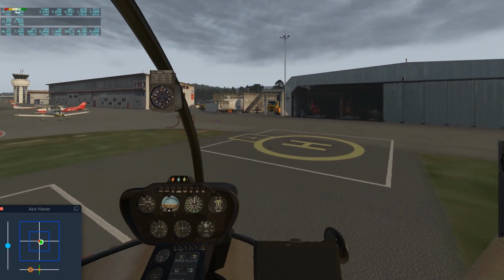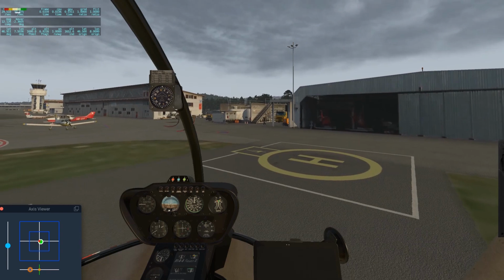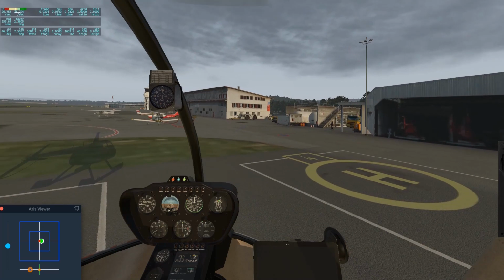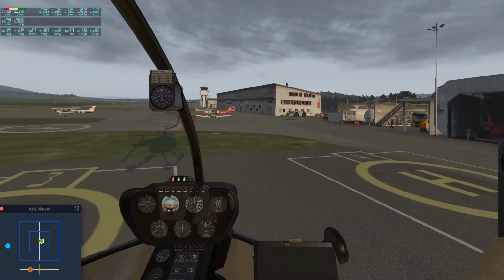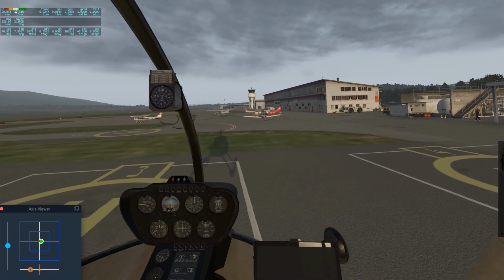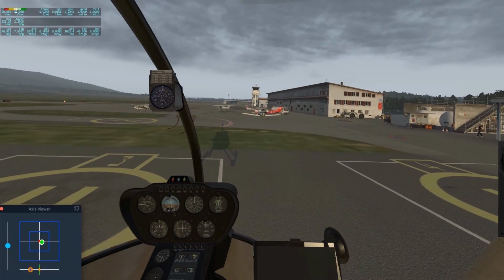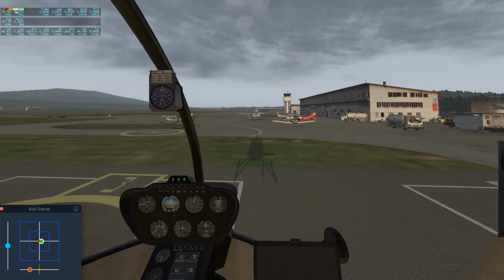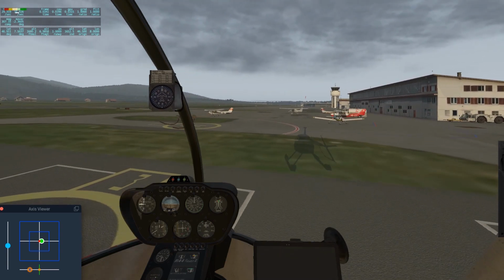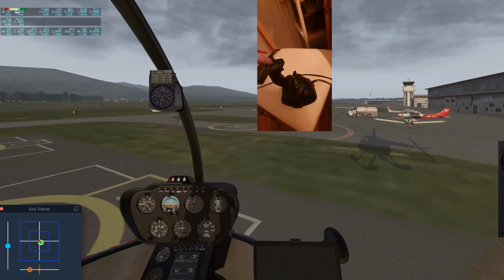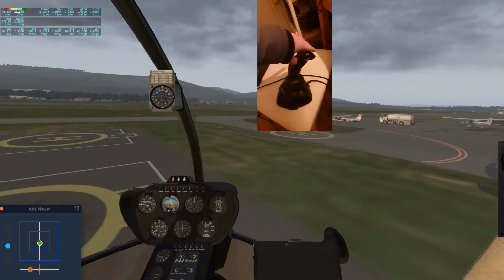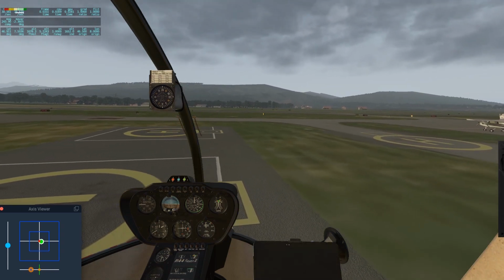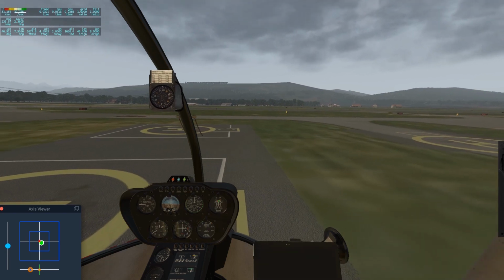I personally have a replica of a Bell 206 collective, but right now I'm not at home, so I have my mobile setup, which mainly consists of a modified, very cheap computer joystick. I just removed the center springs and tied some rubber bands in it, so the x-axis is actually not operable, so I only have the y-axis, and I use this as a collective. And I also recommend that you position your controls where you would actually find them in the real aircraft.